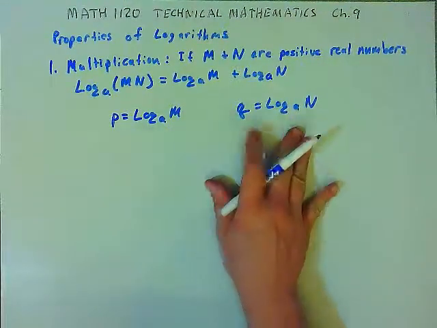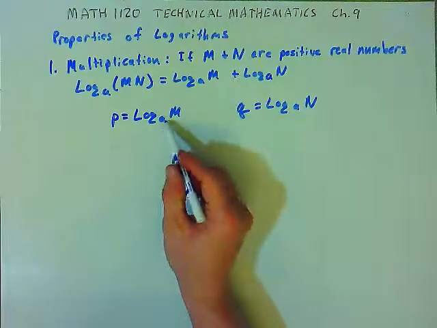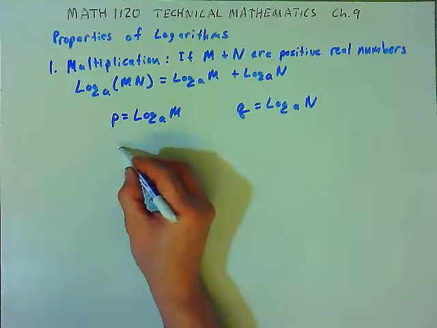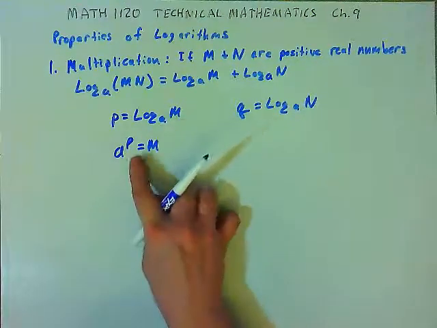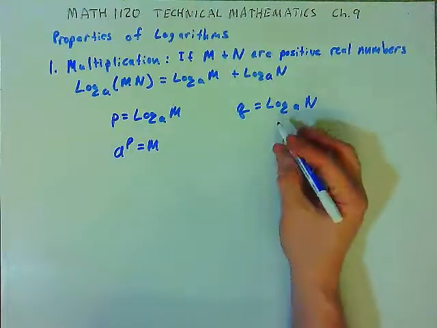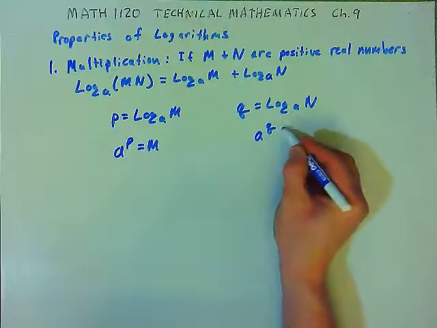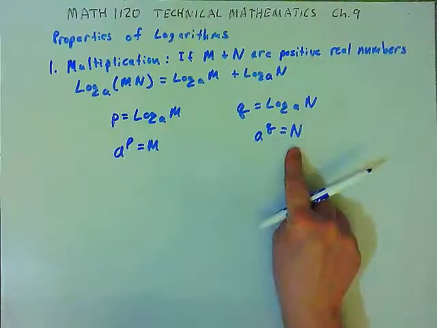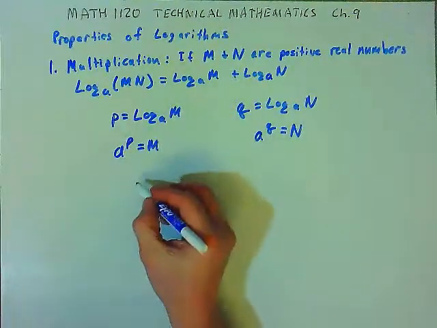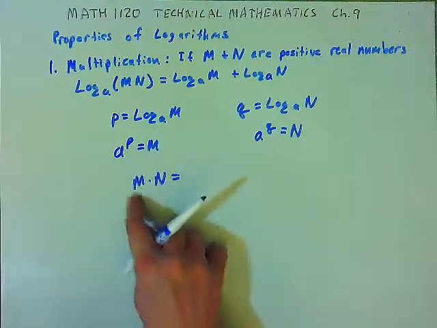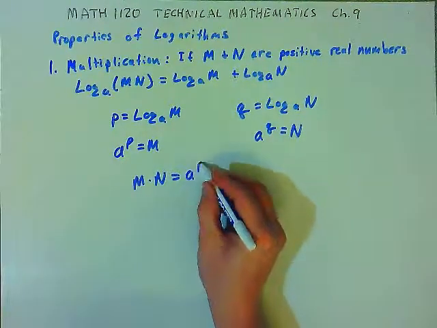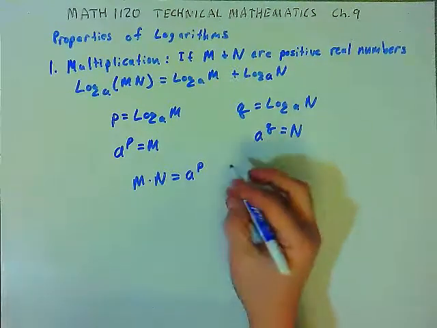And so let's rewrite both of these in exponential form. This says that a to the p power is equal to m. Right, so we can convert a logarithm into an exponential. Same thing over here. This is a to the q. That'll be equal to n. And so when we look at the product of m and n, m is a to the p, and n is a to the q.